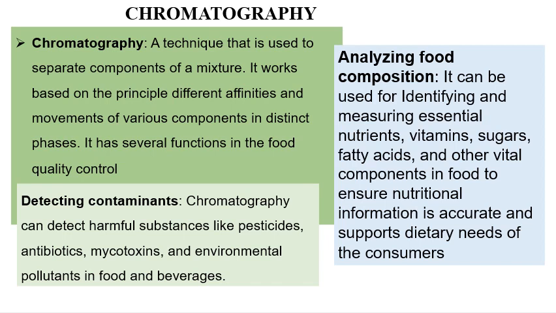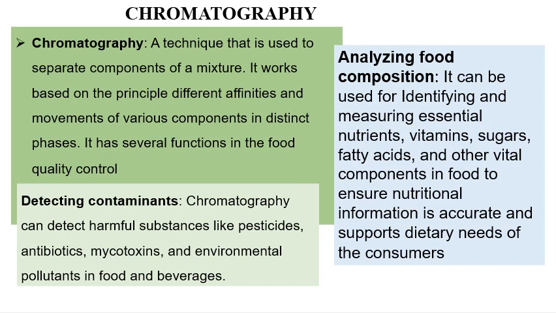So we have chromatography. Chromatography is a technique that is used to separate components of a mixture. It works based on the principle of different affinities and migration of various components in phases. We have the mobile phase and the stationary phase.